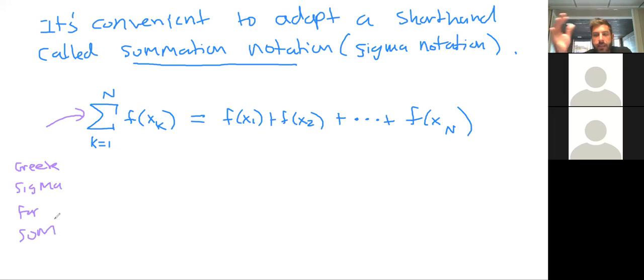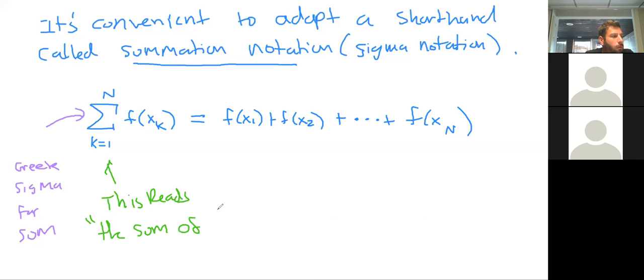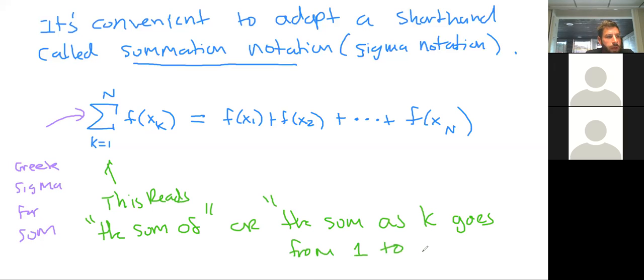Sum, sigma, S. And the way you read this is, this reads, the sum of, or the sum as k goes from 1 to n.